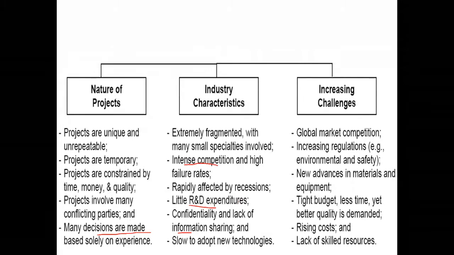And then as an industry, we are facing increasing challenges, increasing regulations, environmental safety. There are new advances in materials and equipment, which bring new opportunities for us to improve our productivity. Within construction, we often deal with tight budget, less time, yet better quality is demanded, rising cost and lack of skilled resources.